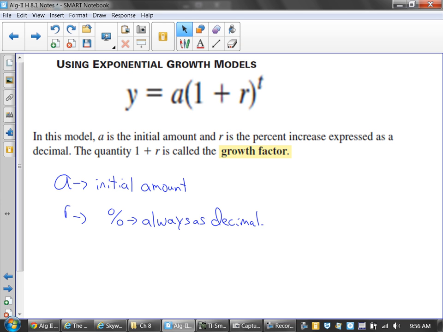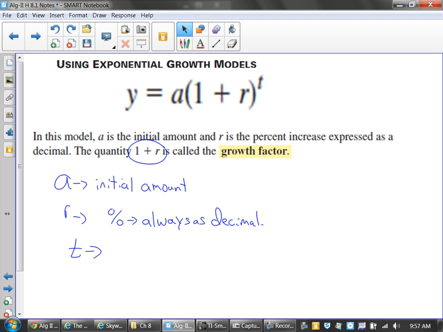Always, always, always as a decimal. So if it's 17%, what would be the decimal? 0.17, good. And then the t value has to be time. The 1 plus r inside the parentheses is called your growth factor.